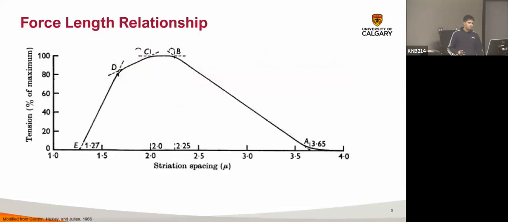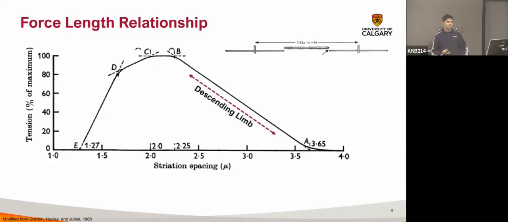Now, I mentioned that based on the sliding of the actin and the myosin filaments, that's how sarcomeres produce force. What we can actually do is use the amount of overlap between actin and myosin to predict the amount of force that a sarcomere is going to produce, and as we scale up, a whole muscle. So if we have little to increasing amounts of overlap between the actin and the myosin filaments, we'll have forces on the descending limb.